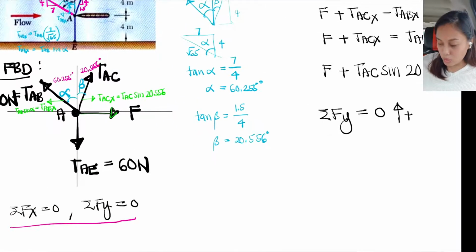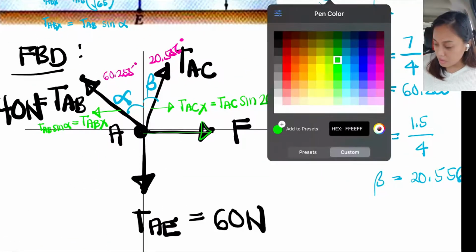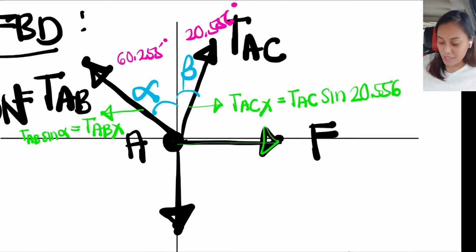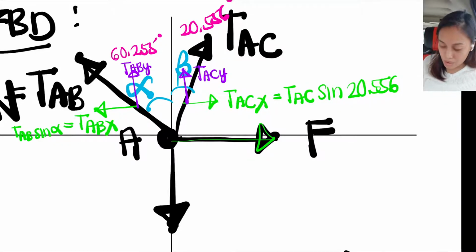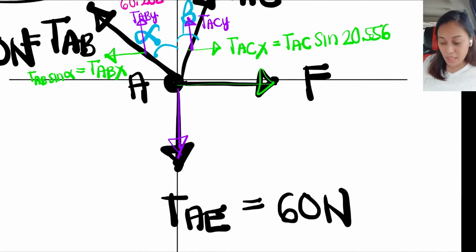Okay. So what are the forces along y? We have upward, this is TACY. TAB is also upward, so it is also positive, TABY. Then the last force is the force TAE, which is 60 newtons.